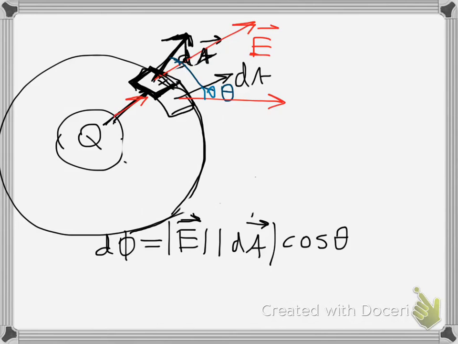But when we add up an infinite number of little rectangles, we're actually integrating over this whole surface. So the electric flux through the surface, phi, would be equal to the integral over the surface. In this case, it's a sphere.